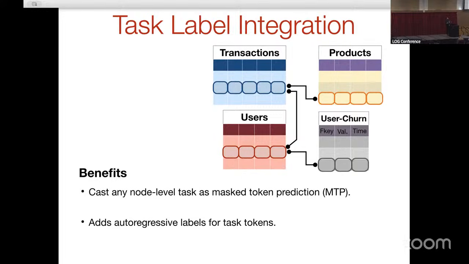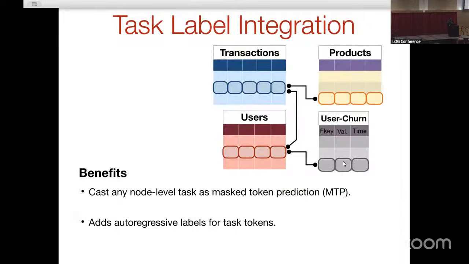What is the benefit of this type of design choice? That we can now cast any node-level task as masked token prediction. Why? Because we have the value here, predict the value. This is easy to see.